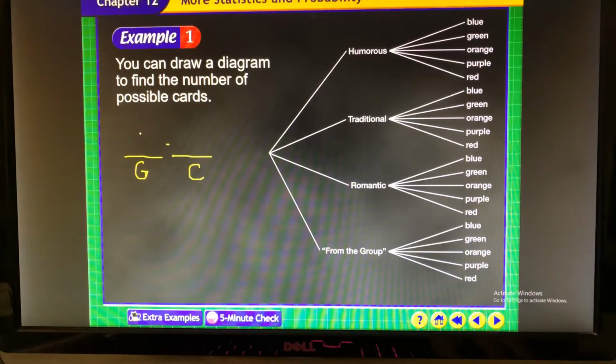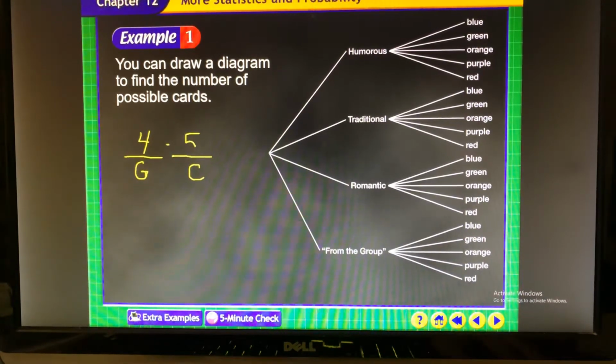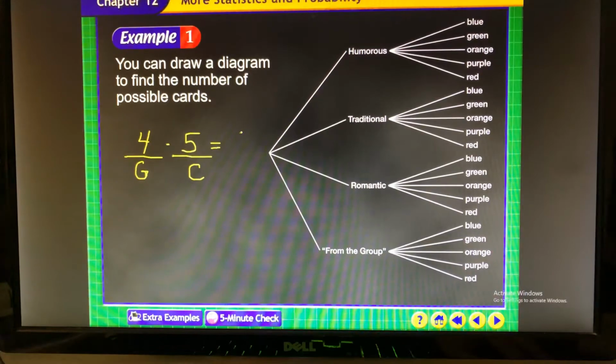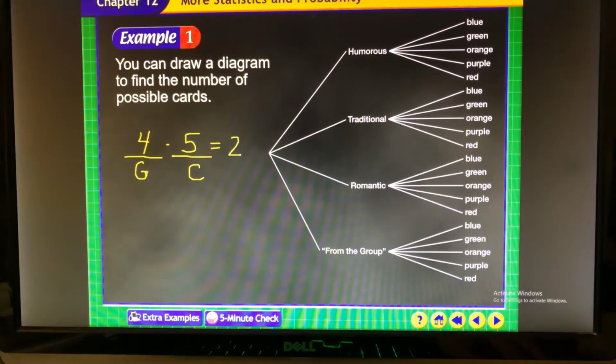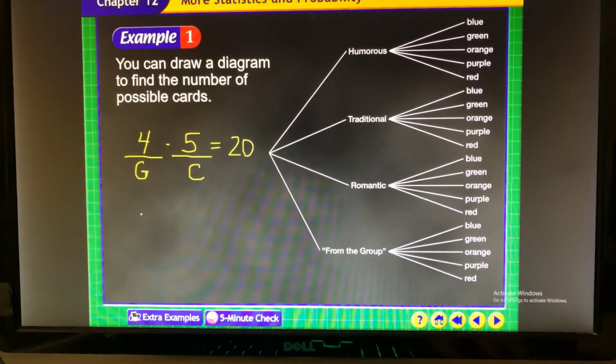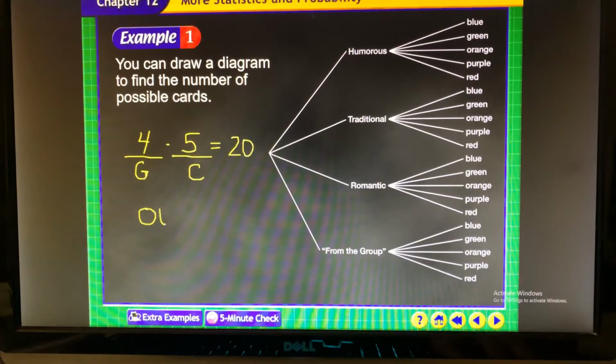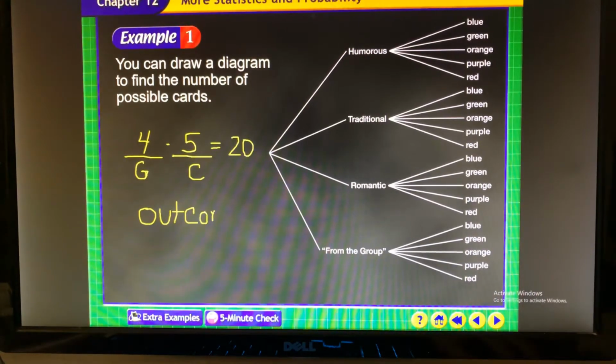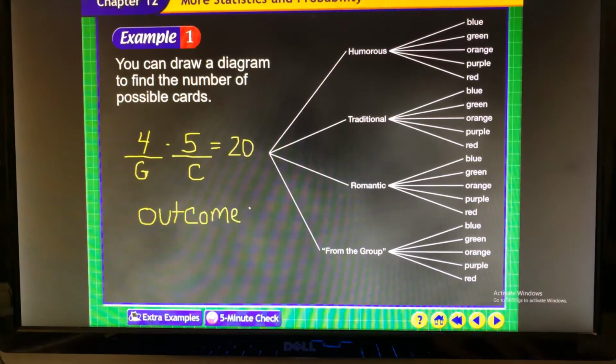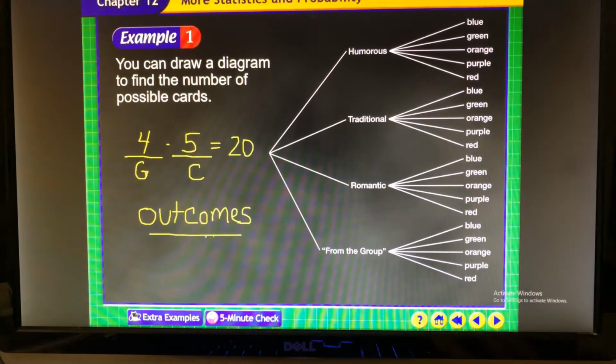There are 4 different genre choices: humorous, traditional, romantic, and from the group. And there are 5 different colors. So how many different outcomes are there? 20. Now listen to the words I said: how many different outcomes, how many different choices. These are called outcomes. That's the fundamental counting principle.